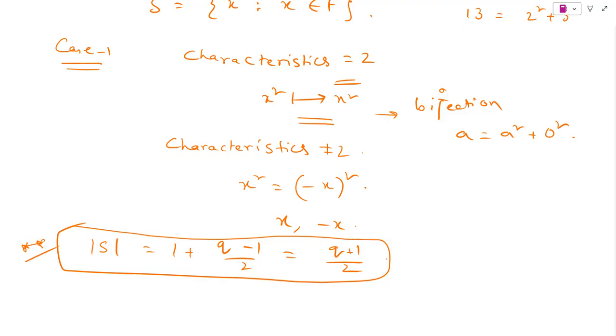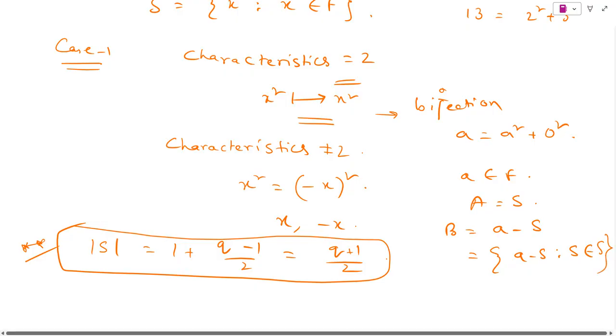Now fix any element A belongs to F. Now define the set A equal to S and the set B equal to A minus S, that is, A minus s such that s belongs to S. Now notice that subtracting a fixed element simply shifts the set. So the size of B is equal to the size of S, which is (q plus 1) by 2.